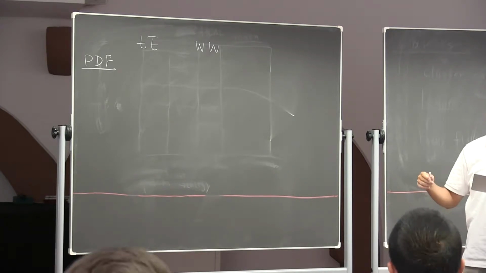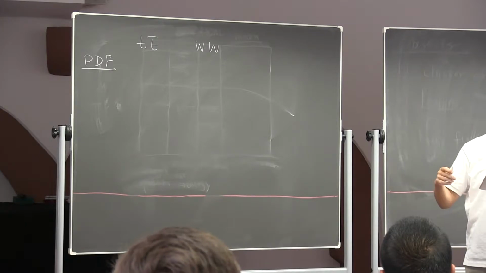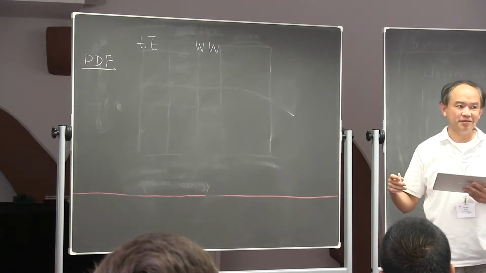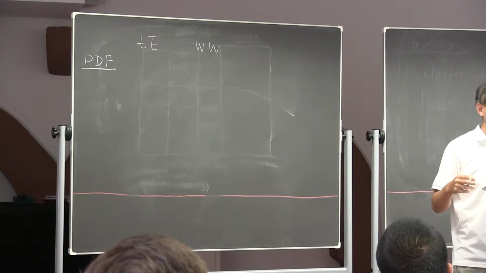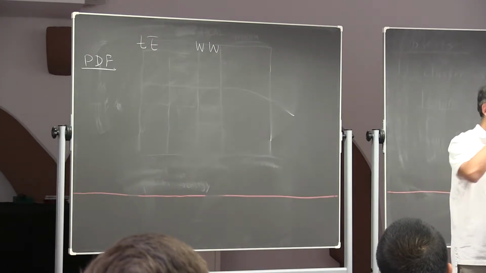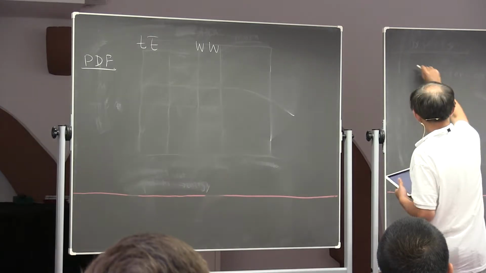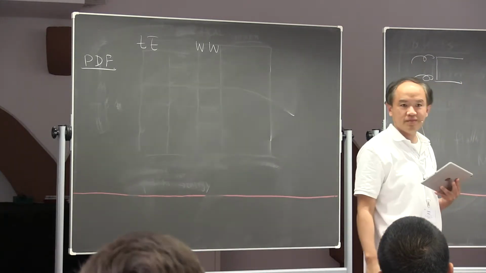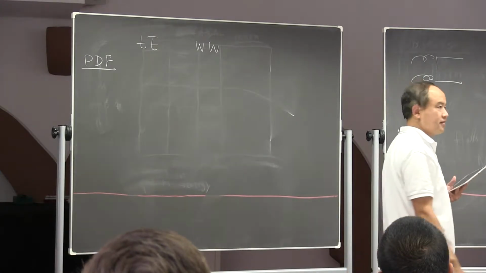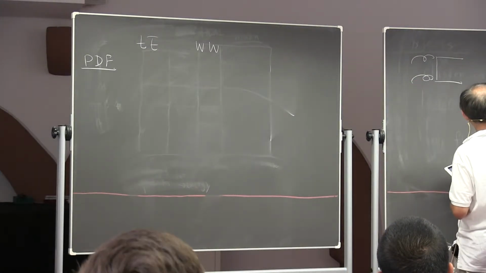Any diagram? What is the initial state? Many possibilities. Which one is the dominant one? Glue, right? For example, this, and of course you have more than that.